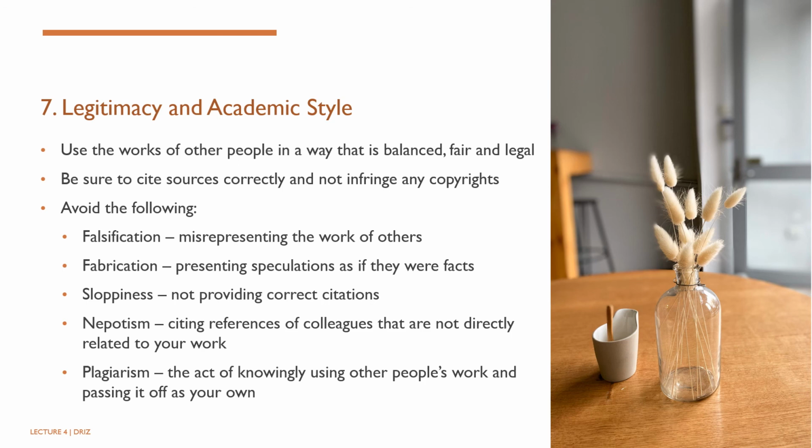Some things to avoid are the following: falsification, or misrepresenting the work of others; fabrication, or presenting speculations as if they were facts; sloppiness, not providing correct citations; nepotism, or citing references of colleagues that are not directly related to your work; and plagiarism, the act of knowingly using other people's work and passing it off as your own.